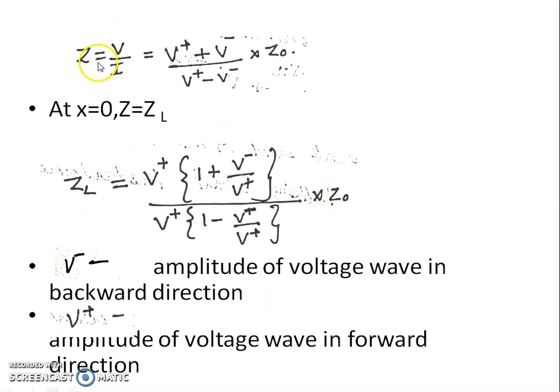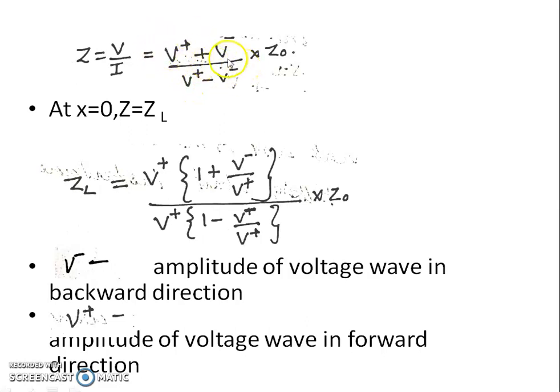Substituting the above values, V is equal to V plus plus V minus, and in the case of I, it is V plus minus V minus.